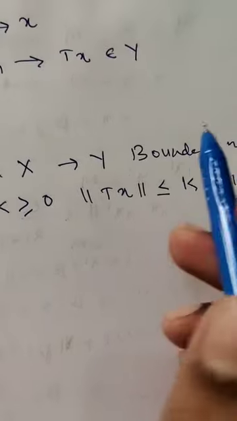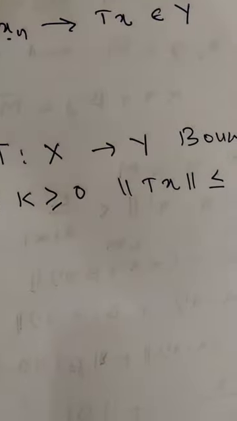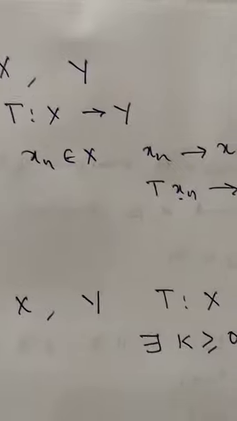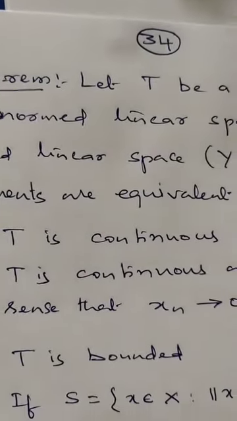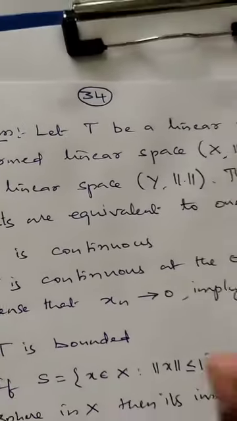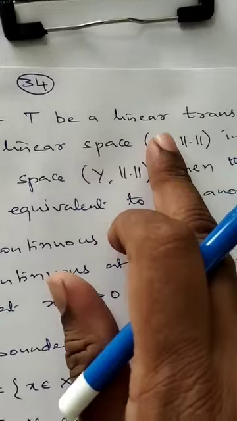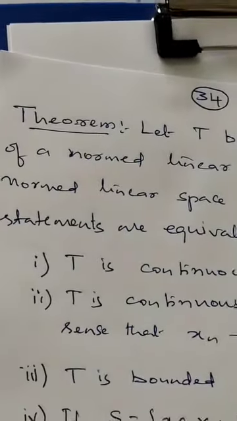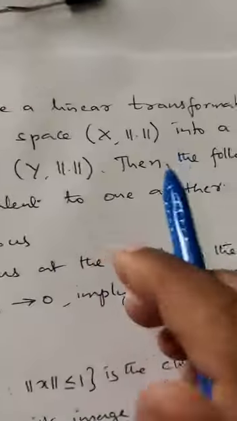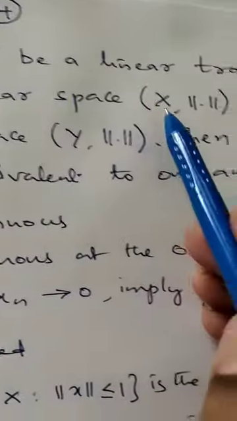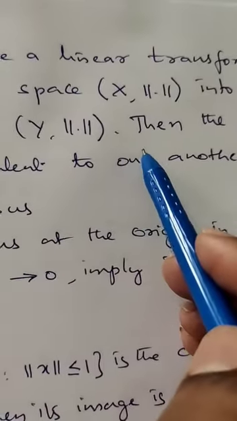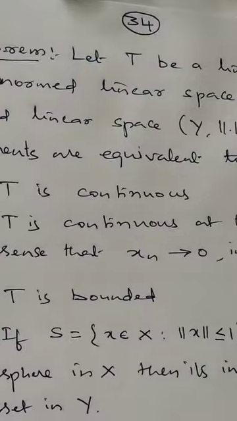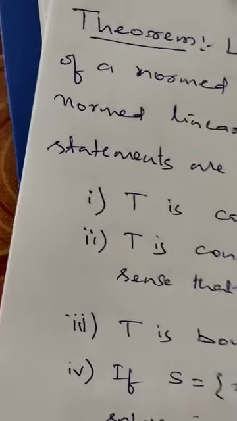Okay. So now we are going to prove one of the important theorems of this session. So look at this theorem. Suppose T is a linear transformation of a normed linear space X into another normed linear space Y. Then the following statements are equivalent to one another. What are the statements?